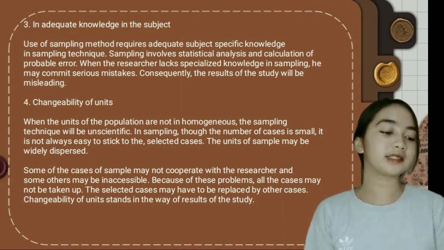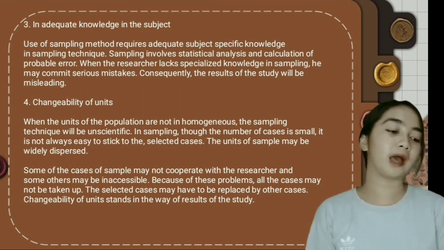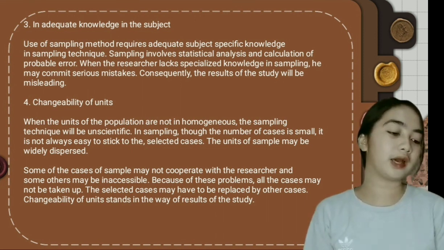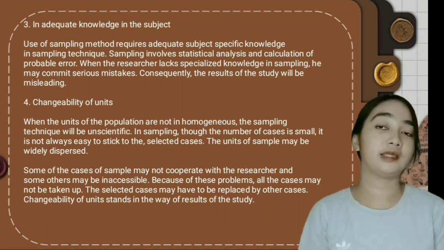Some of the cases of sample may not cooperate with the researcher, and some others may be inaccessible because of these problems. All the cases may not be taken up. The selected cases may have to be replaced by other cases. Changeability of units stands in the way of results of the study.